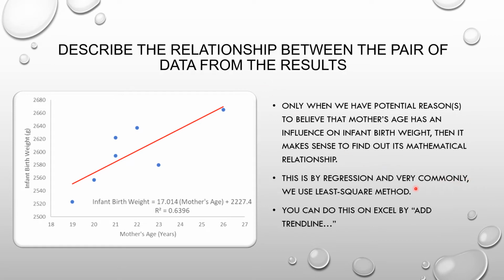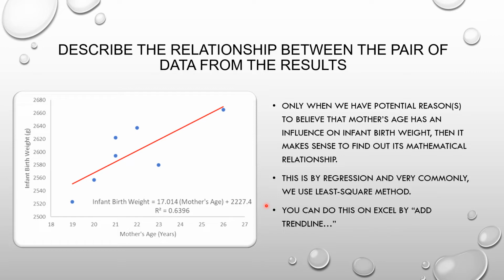This is a linear regression, and we are doing it through what we know as the least square method. You are trying to make sure that the errors above the line and below the line are the same. So there is a mathematical way to draw a best fit line, and what you're trying to determine is the gradient and the y-intercept.